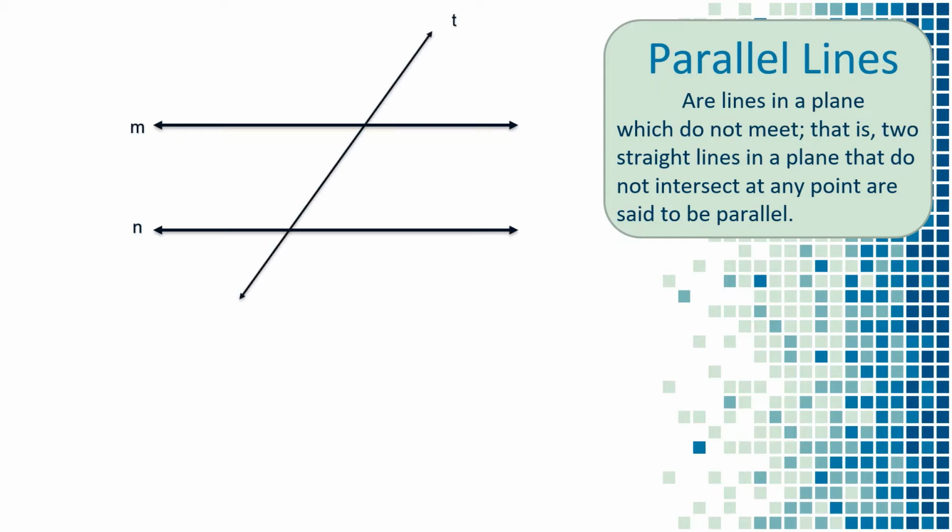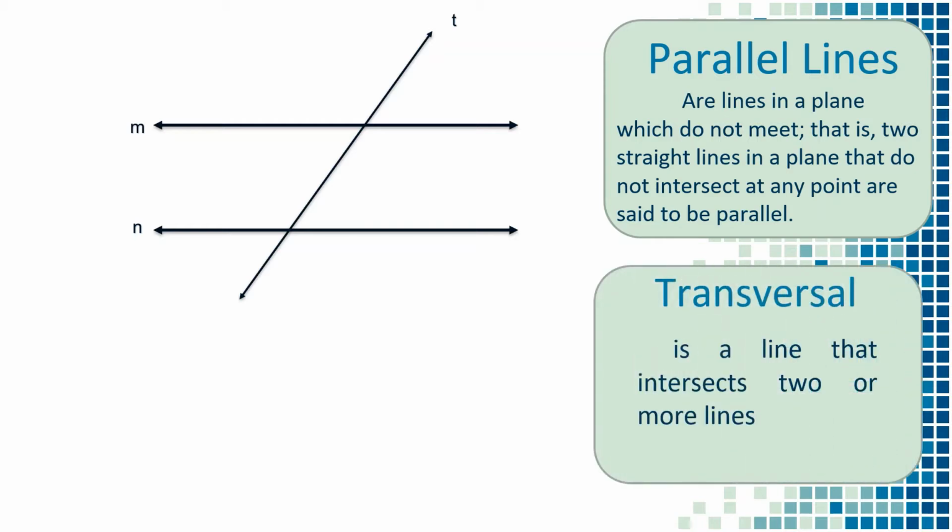And a line that intersects two or more lines is called the transversal. Transversal is a line that intersects two or more lines.